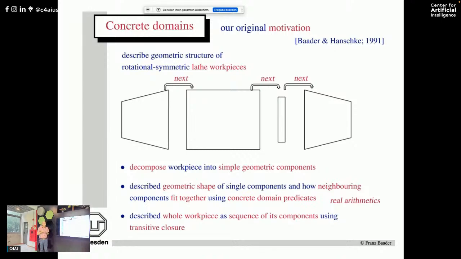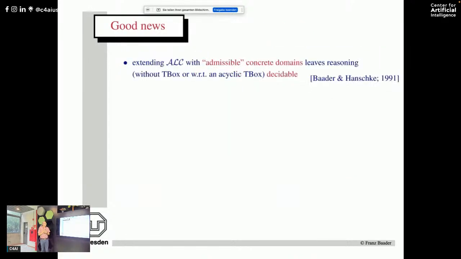So there's a first part, and then there's the next one, and the next one, and the next one, and so on. Since we didn't want to be able to talk only about lathe workpieces consisting of 5 parts or 6 parts, we wanted to have arbitrarily many parts. We wanted to be able to access the parts by doing the transitive closure over this next relation, so going to next, next, next, next, next. This is why we also wanted to have transitive closure of roles in our language.